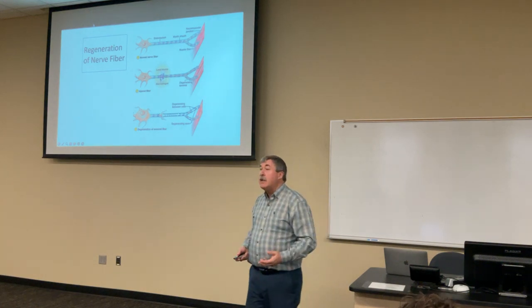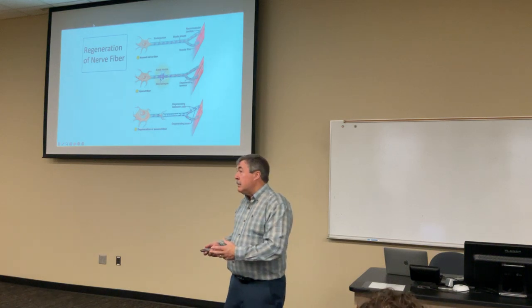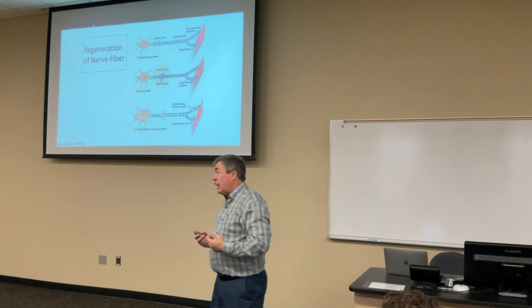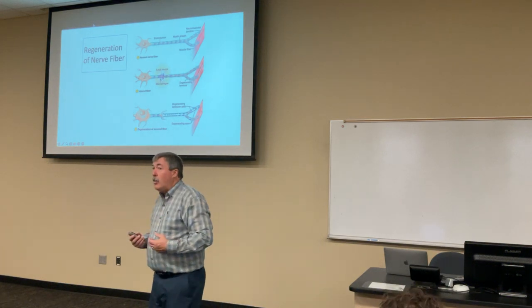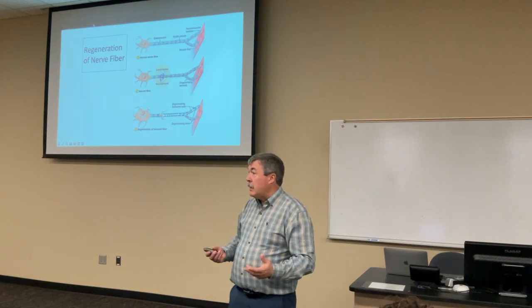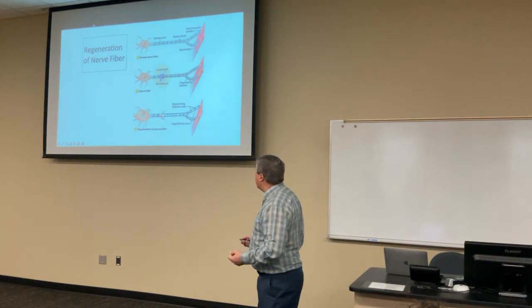Dendrites are the receiving end of the neuron. That's the part of the neuron that's stimulated either by a sensory stimulus, in the case of sensory neurons, or, if it's a motor neuron, it's where it gets stimulated by a neurotransmitter that's released by another neuron.